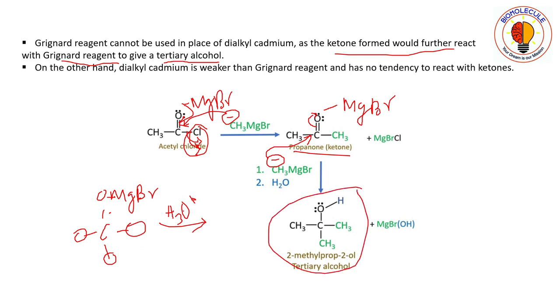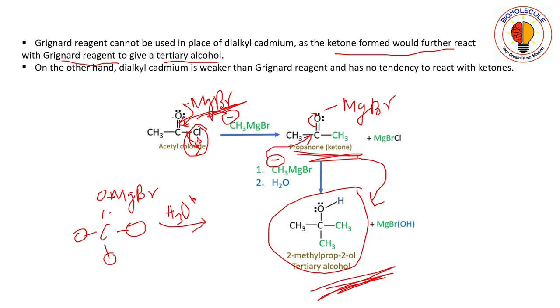So if we use Grignard reagent, we cannot stop at carbonyl stage. It will further get reduced to tertiary alcohol.